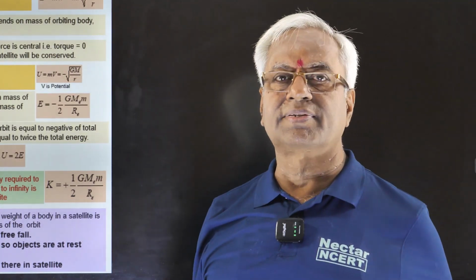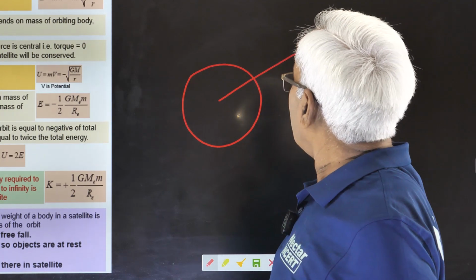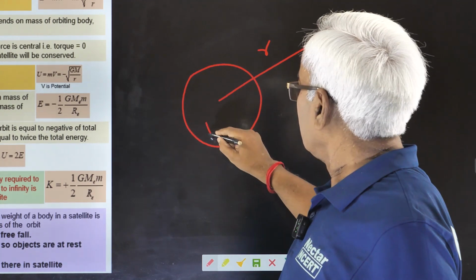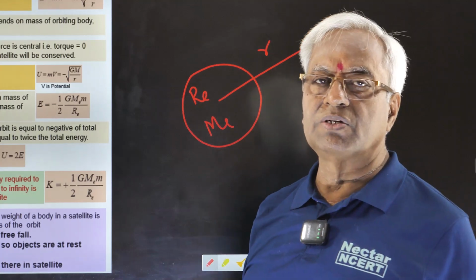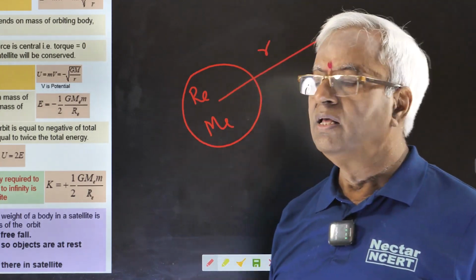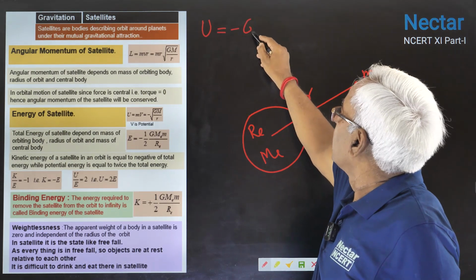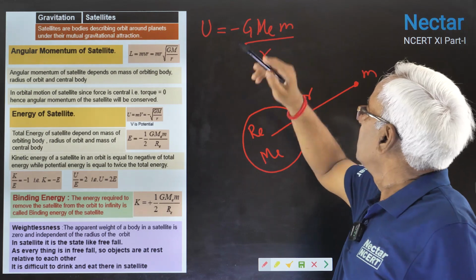Suppose the radius of the orbit of satellite is r and its mass is m. For Earth, you are already aware the values Me and Re. Potential energy of satellite will be given as this thing, the potential energy.